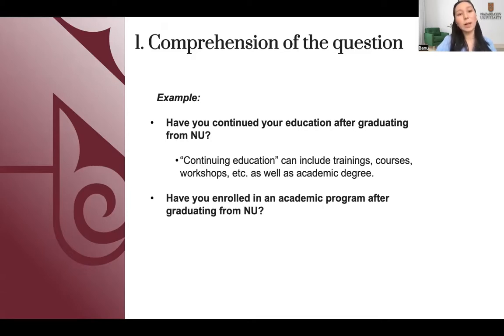Whereas when you word it as, have you enrolled in an academic program after graduating from NU? This question is more specific and specifically defines what kind of education they are talking about, that it is an academic program. So this is the example of a problem that can occur at the first step of the mental process.